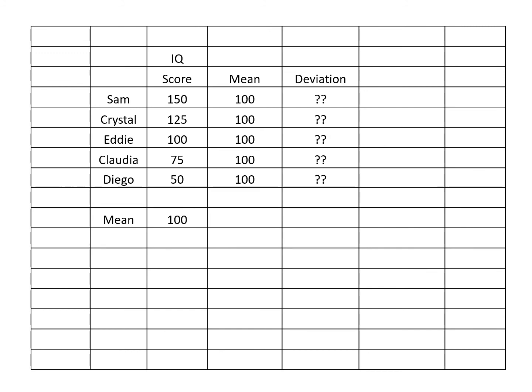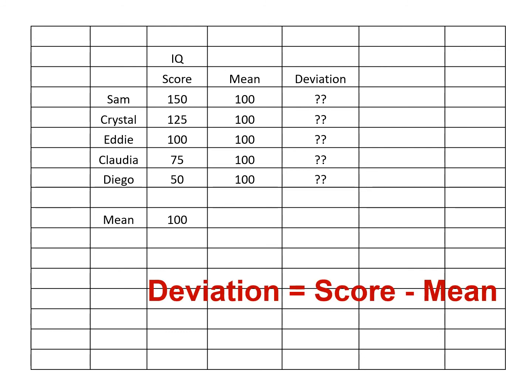Now, take a minute to calculate the deviation for each child. Here's the formula to help you. Take the score and subtract the mean from the score.